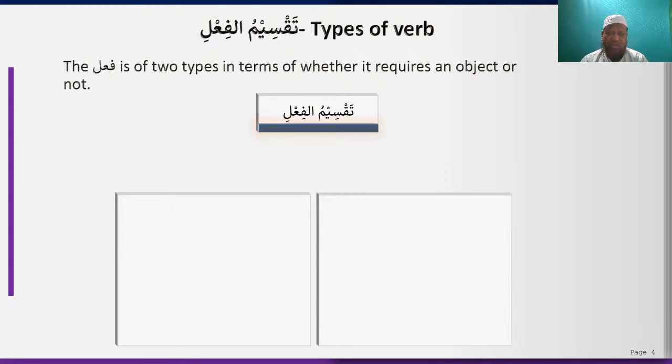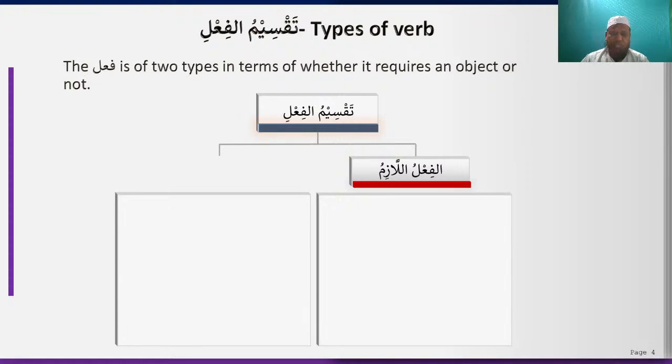Those فعل do require مفعول به, and if you don't bring a مفعول به, or an object, the sentence is incomplete. What are these two types of فعل? Number one is called الفعل اللازم. Number two, الفعل المتعدي.